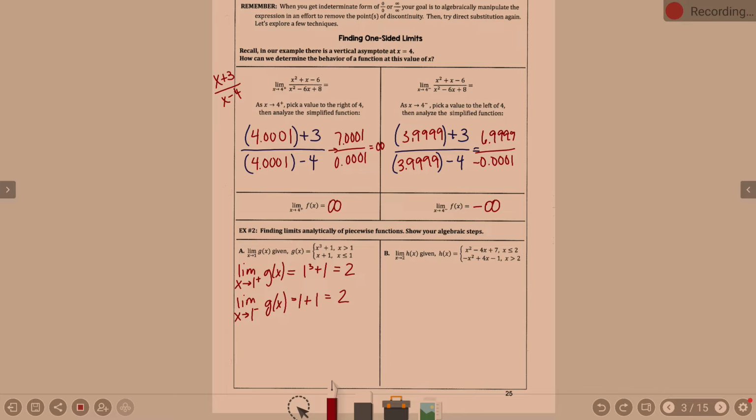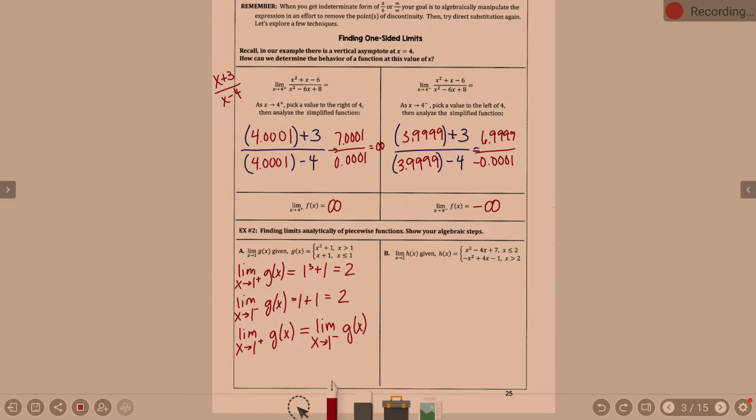So a little bit of AP notation for you. I showed the limit from the right, yes? I showed the limit from the left. Now I need to show that they're equal to each other. So I can write, the limit as x approaches 1 from the right of g of x equals the limit as x approaches 1 from the left. So I showed what each of the limits was.